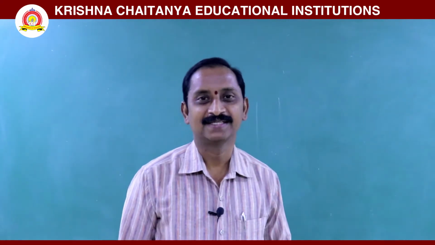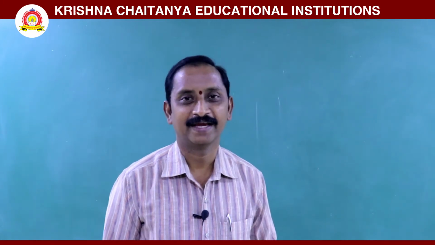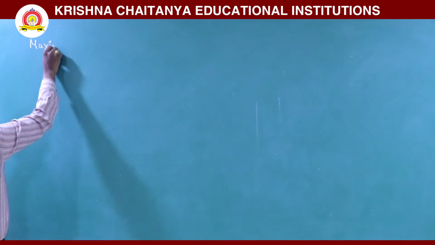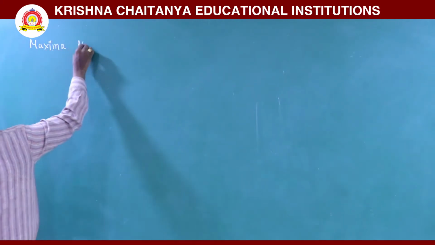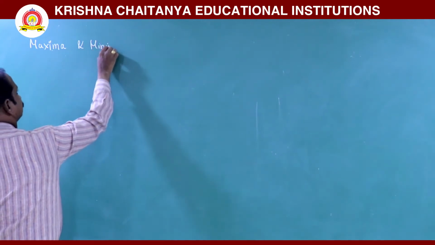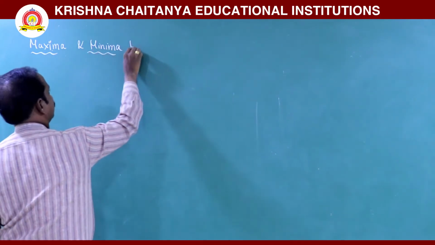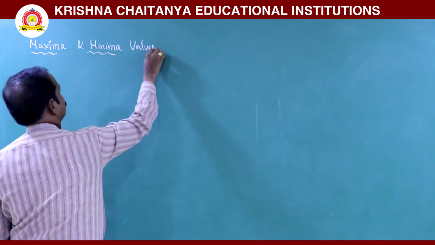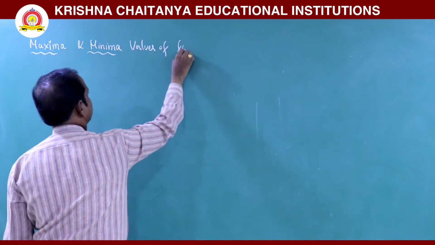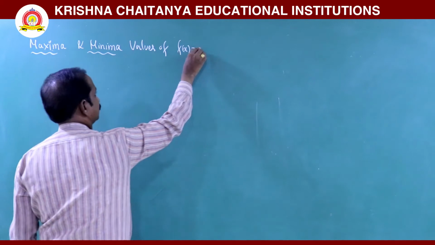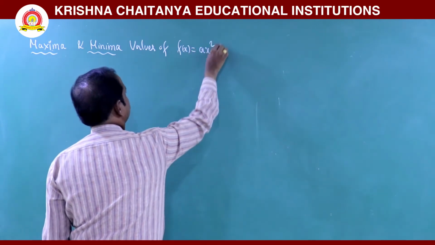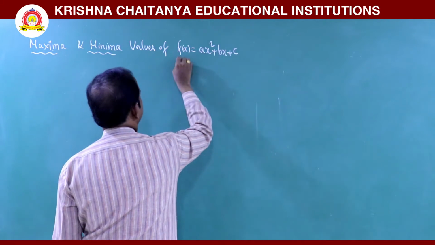Now, today we discuss the concept of maxima and minima of a quadratic expression. Maxima and minimum values of a quadratic expression f of x is equal to ax square plus bx plus c.